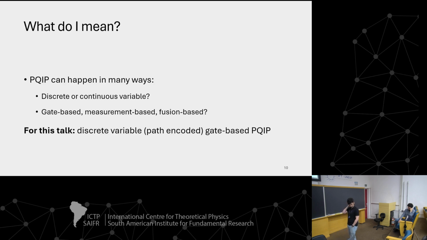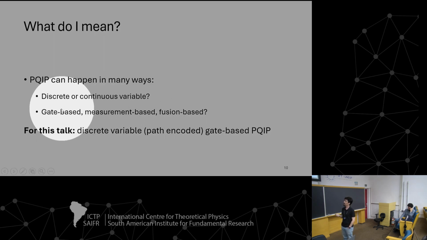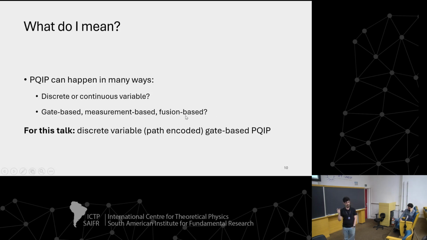So now is a good point to define what I mean when I'm saying photonic quantum information processing in this talk, because it can mean many things. I could be talking about discrete or continuous variables. I could be talking about gate-based processing, measurement-based processing, or fusion-based processing, which is kind of measurement-based but a bit different.